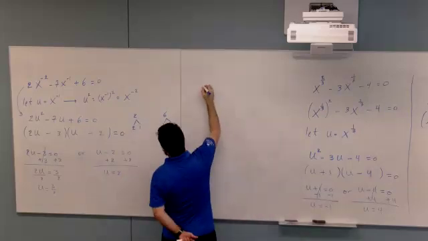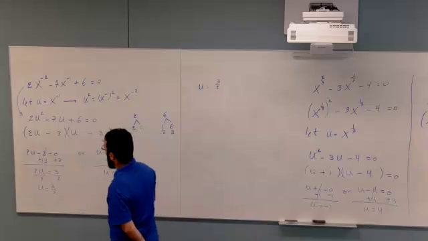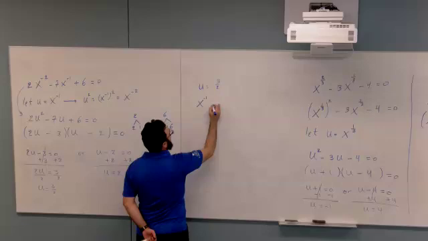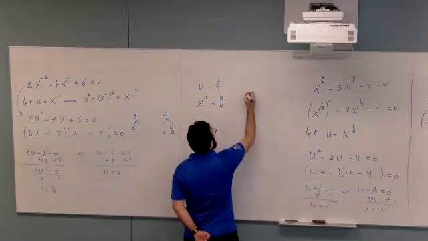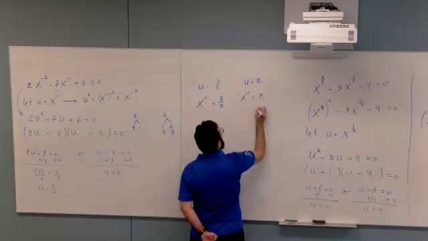Now we have u equal 3 over 2. What's the value of u? x to the negative 1. x to the negative 1 equals 3 over 2. On the other side here, u equals 2, so x to the negative 1 equals 2.